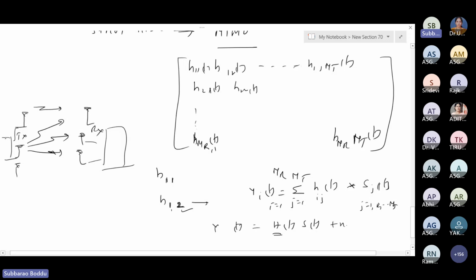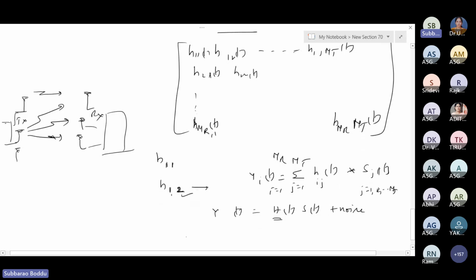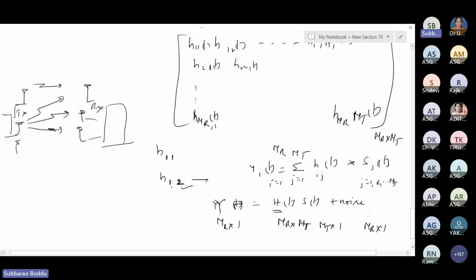Anyway, noise would obviously be associated. The size of y of t is MR cross 1, the channel matrix is MR cross MT, s of t is MT cross 1, and the noise is MR cross 1, because noise we usually see at the receiver side.